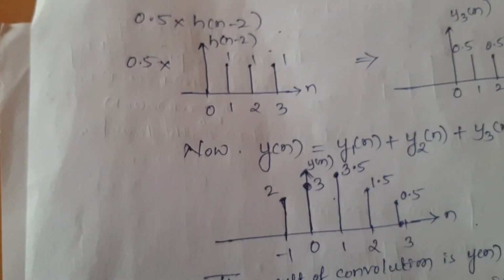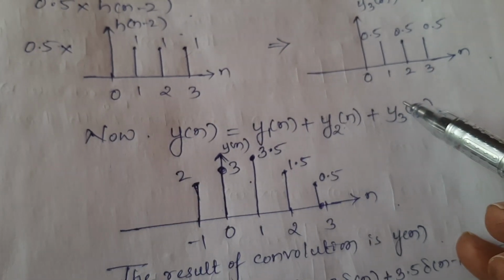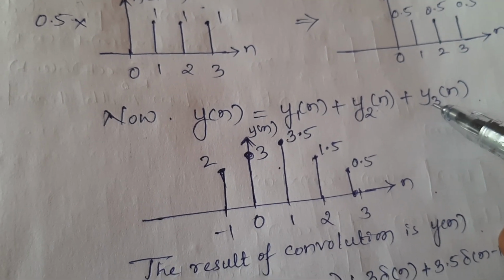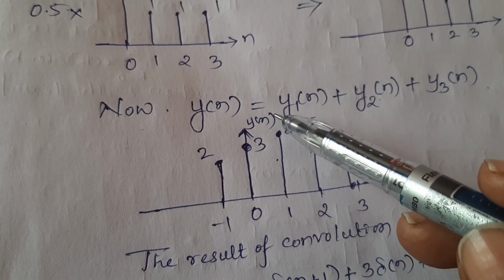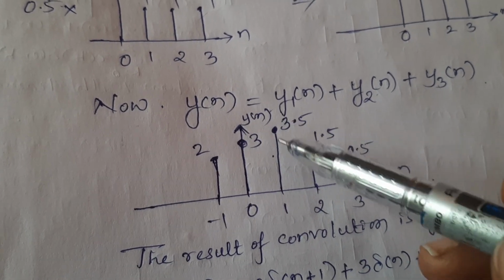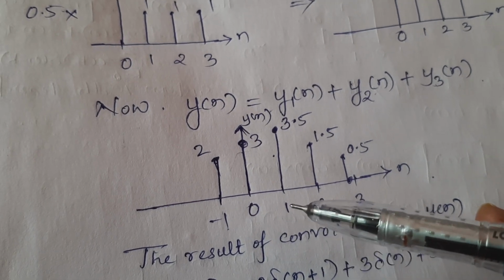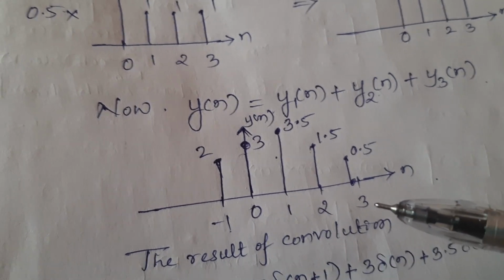When we add them all together, like y1 of n, y2 of n and y3 of n, we need to add them at particular values like n is equal to -1, n is equal to 0, n is equal to 1, 2 and 3, like this.